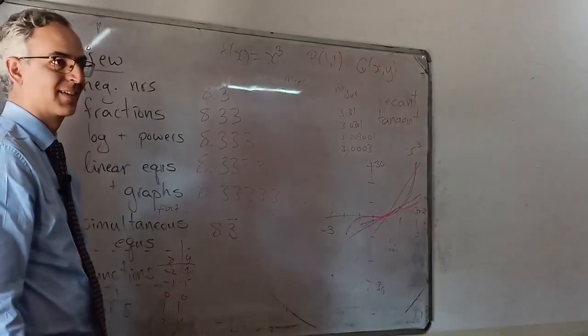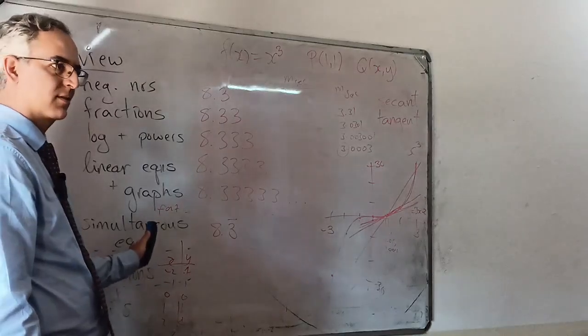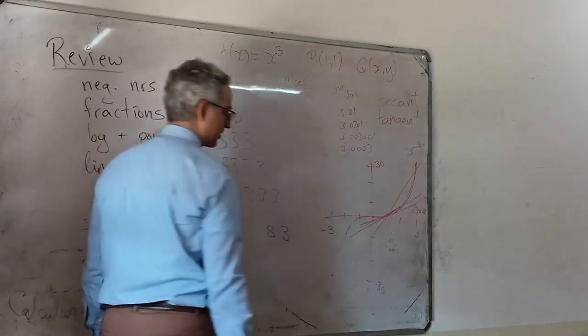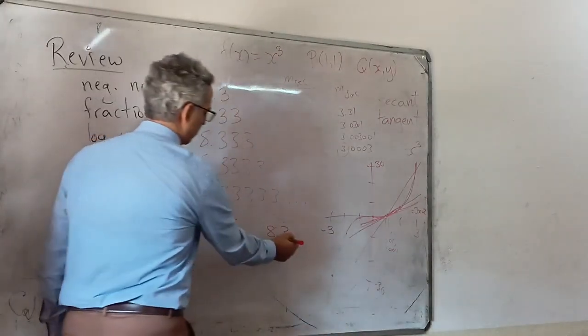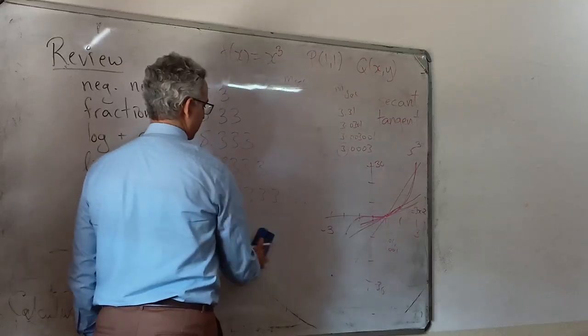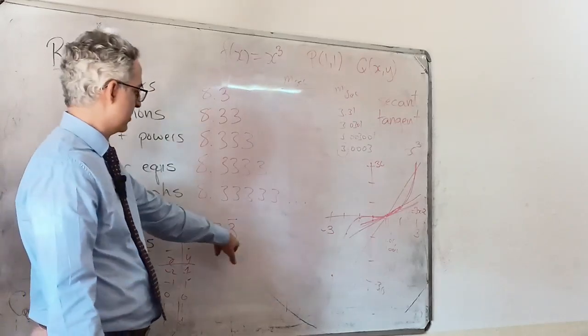Do you know this notation? You've never seen this, like this or like this, 8.3 with a dot, or a dot below? I never use the dot, so I don't know the dot notation. I always do that. This notation means that this number will repeat forever.